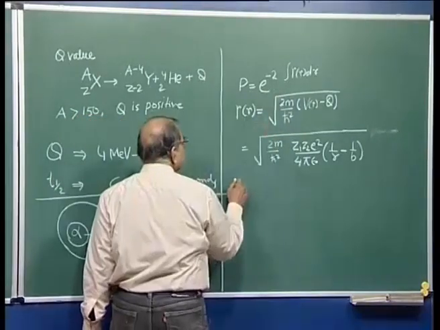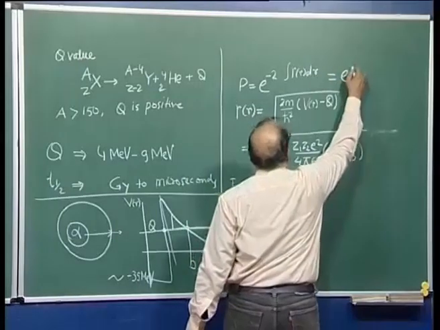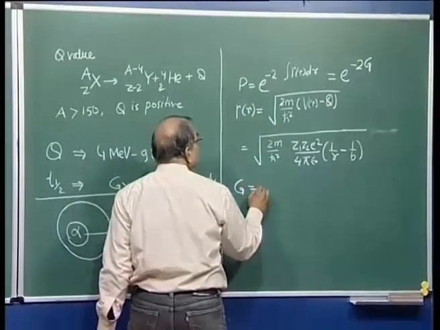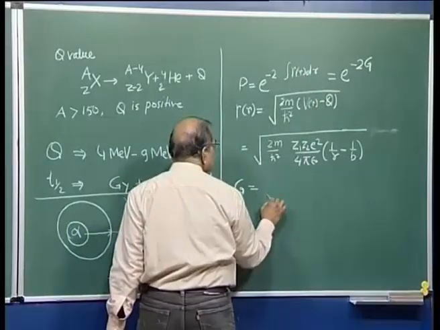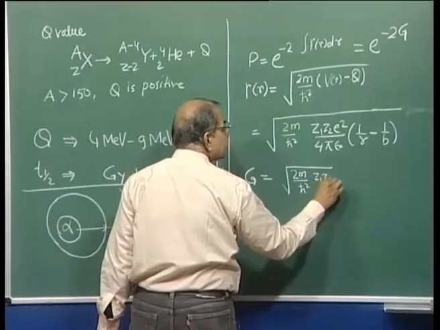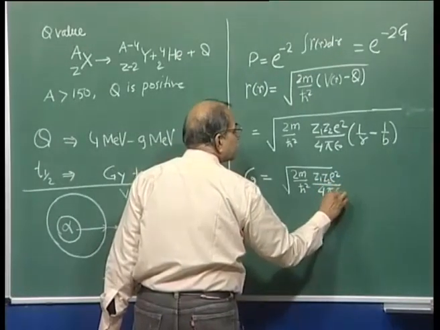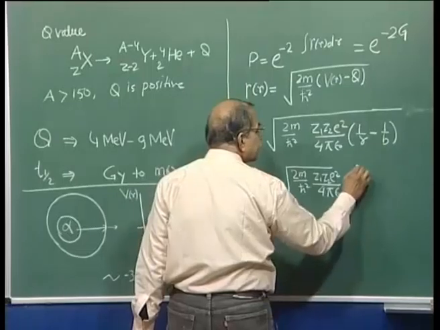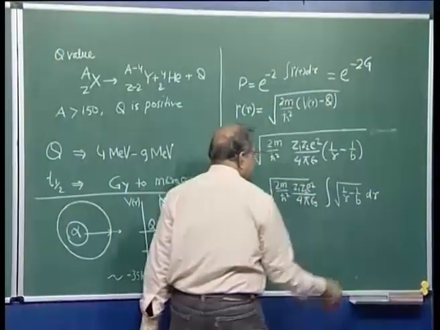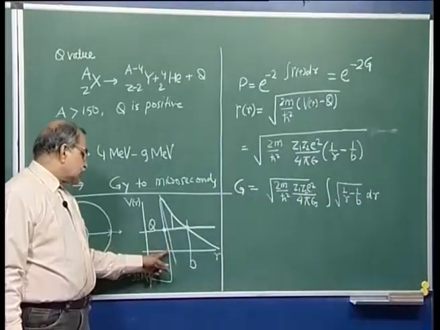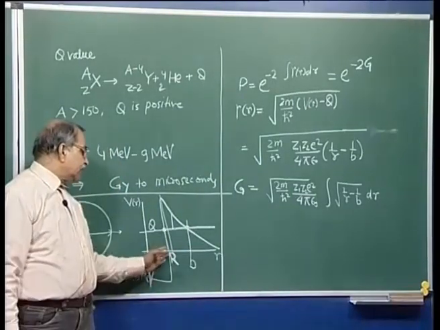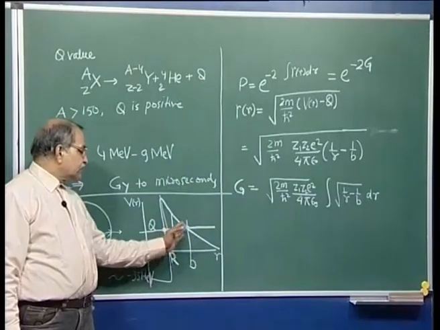So, the integration we generally write is e to the power minus 2 g, where g is the integration of gamma r dr. So, g is equal to the square root of 2 m over h cross square Z1 Z2 e square over 4 pi epsilon naught, times the integration of square root of 1 by r minus 1 by b dr, and the limit of the integration goes from capital R to b, the range in which it is in the classically forbidden region.